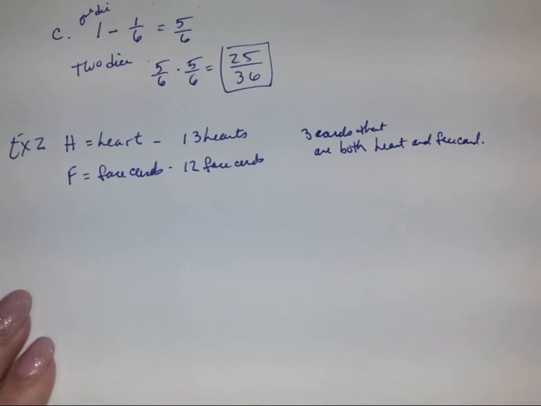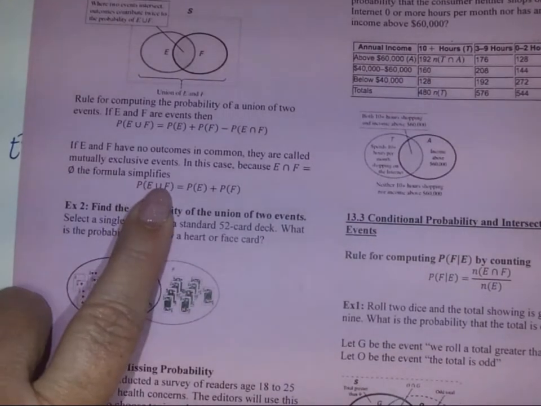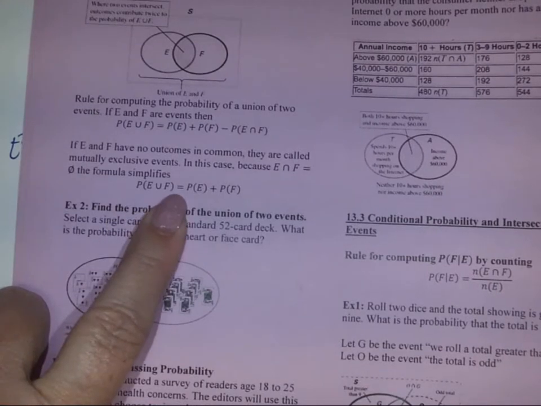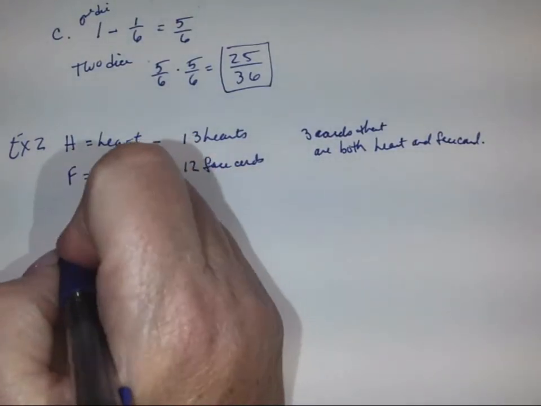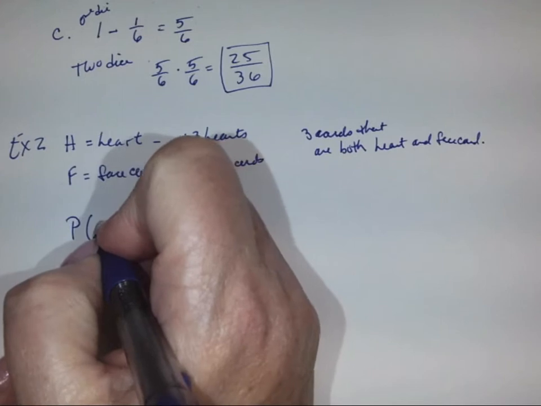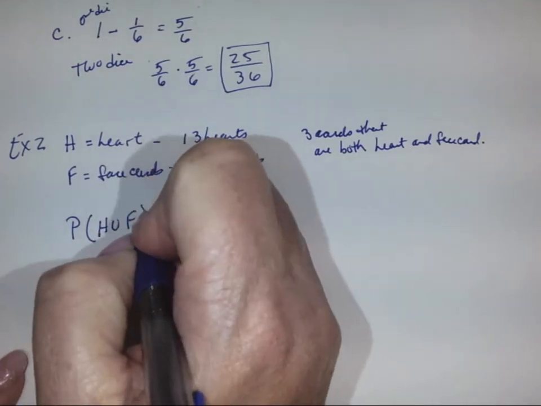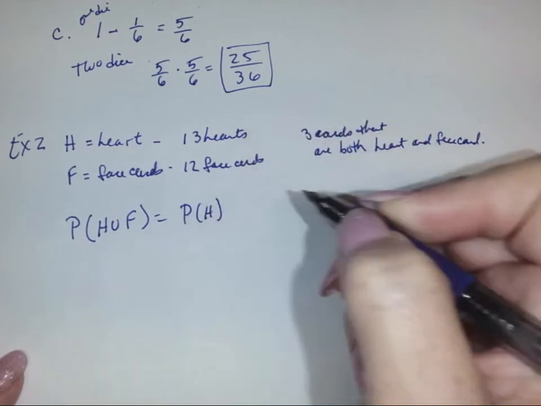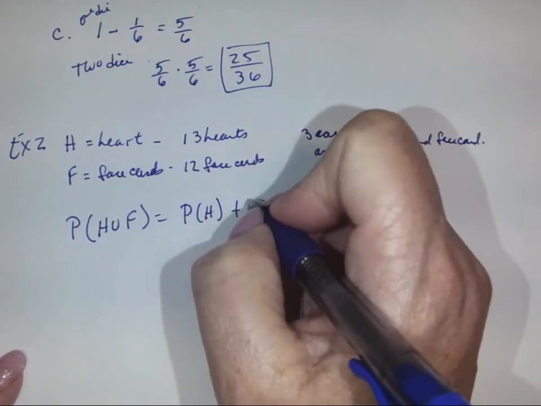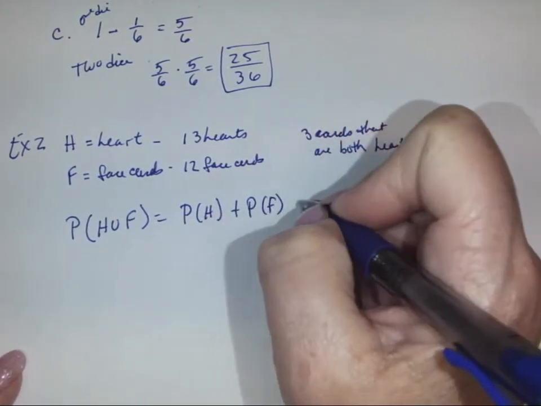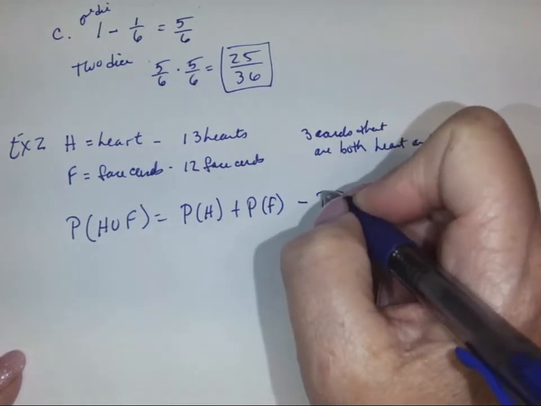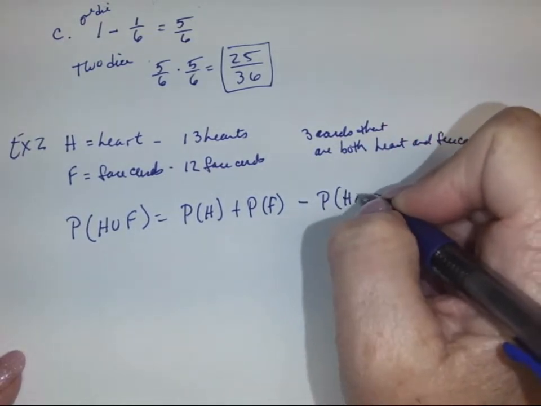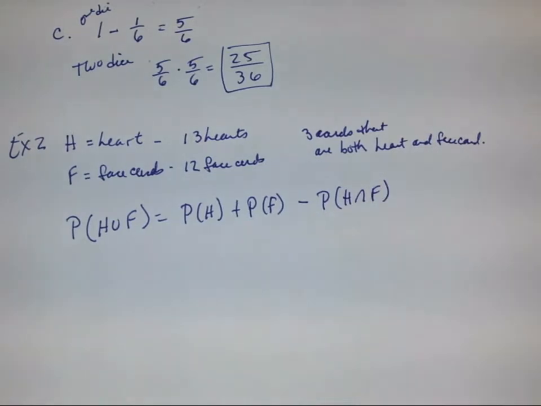So we're going to use that formula that we had on our handout here, but instead of E and F, we're going to have H and F. So the probability of the heart union with the face cards would be equal to the probability of the heart plus the probability of the face cards minus the probability of the heart intersected with the face cards.